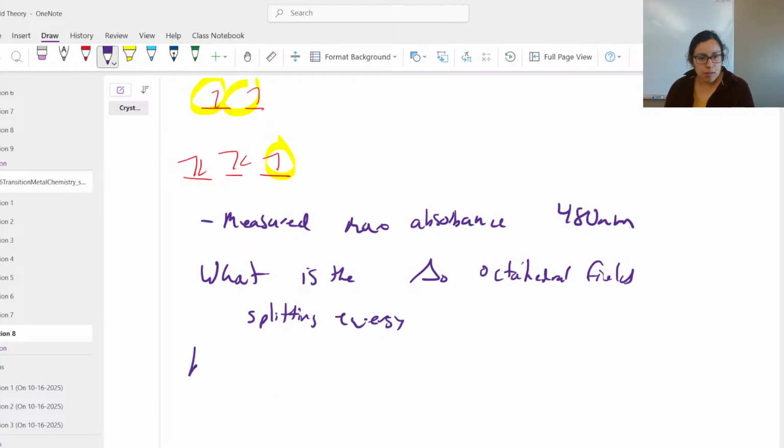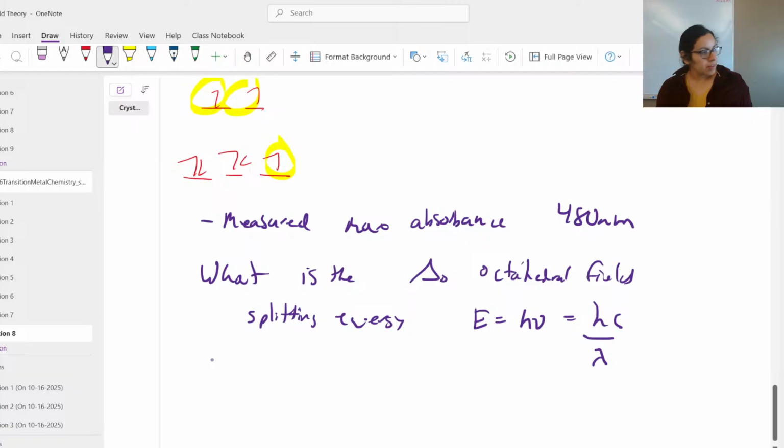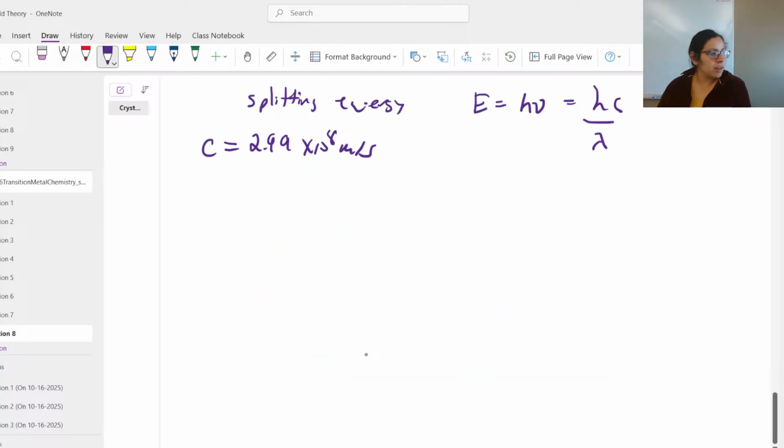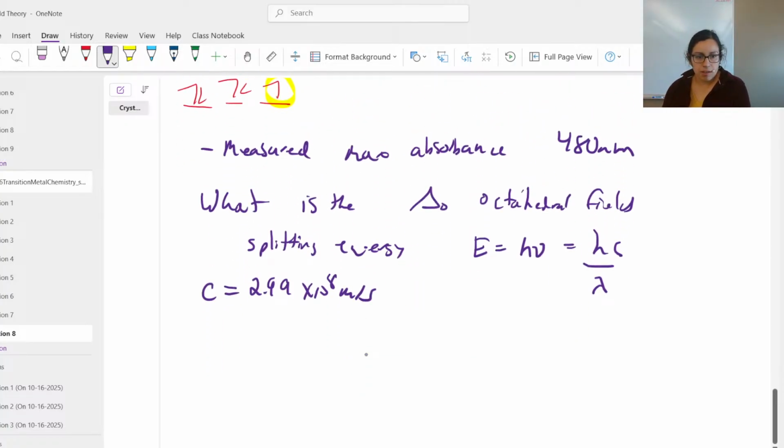And so I'll rewrite the formulas for you in case you don't remember. And for c, you can use 3 or 2.99. Then I'll write out Planck's constant as well.